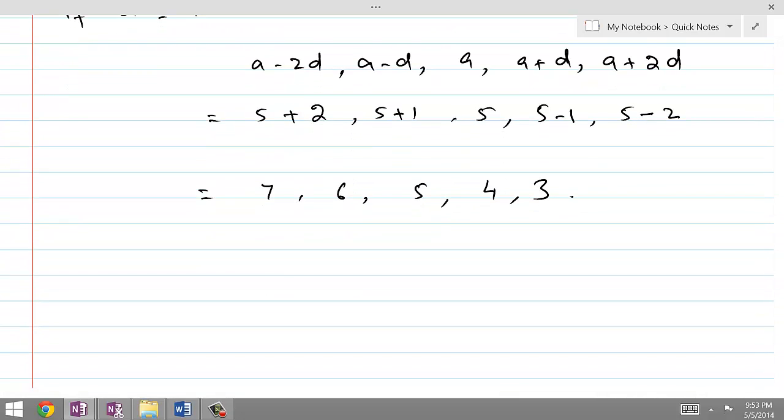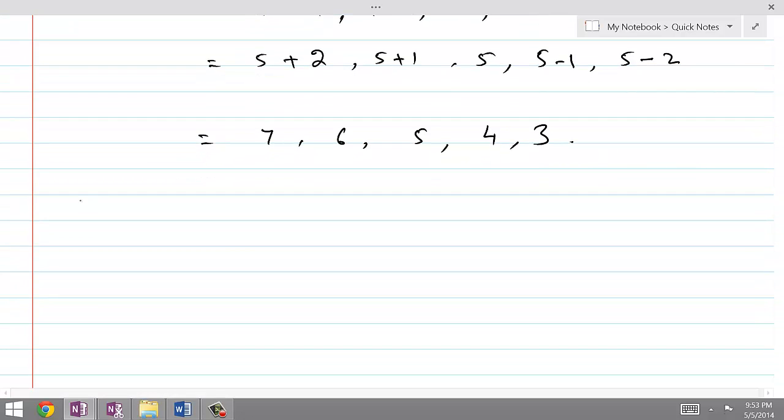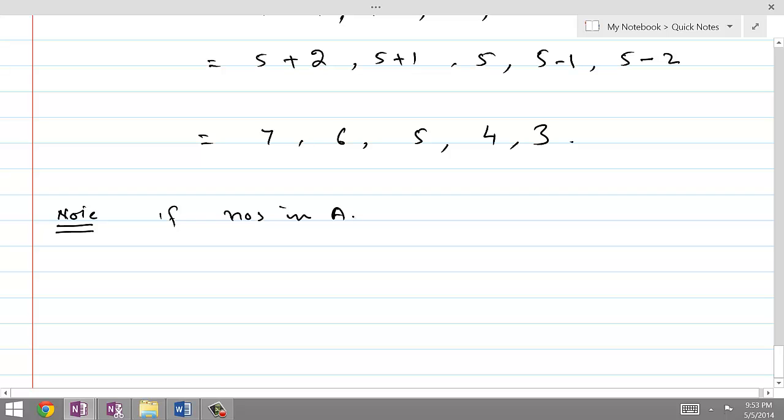Before we end this lesson, we will emphasize one thing, and let's make it a special note. If the numbers in AP to be considered or to be assumed are even, then there is no middle number.